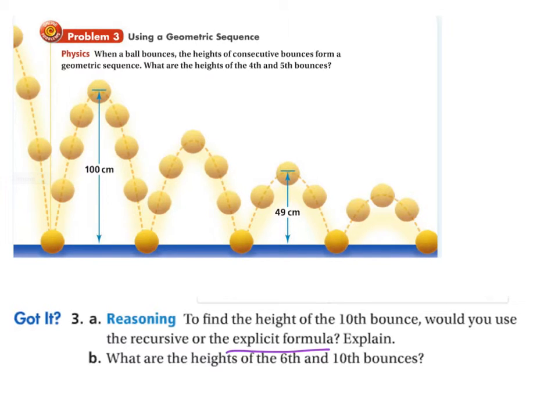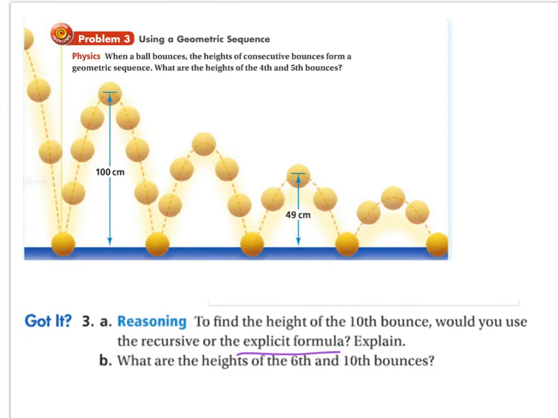So we have a first height of 100 centimeters and a second height, a third height of 49. So really I'm looking at a sub 1 equals 100 and a sub 3 equals 49.